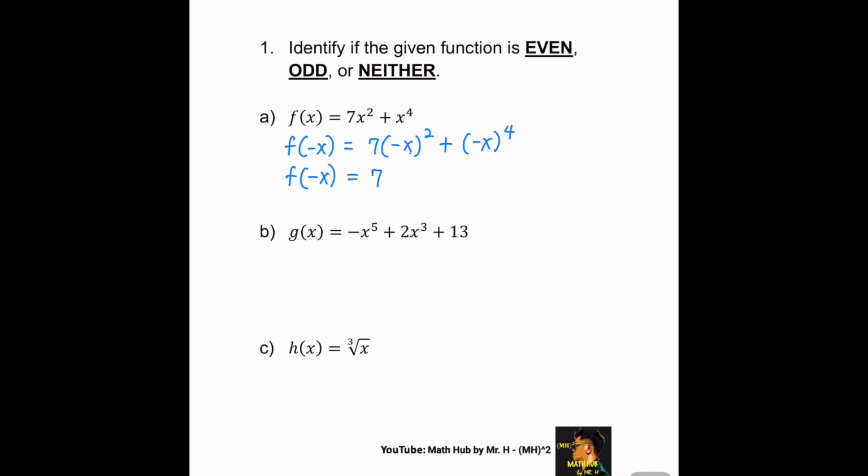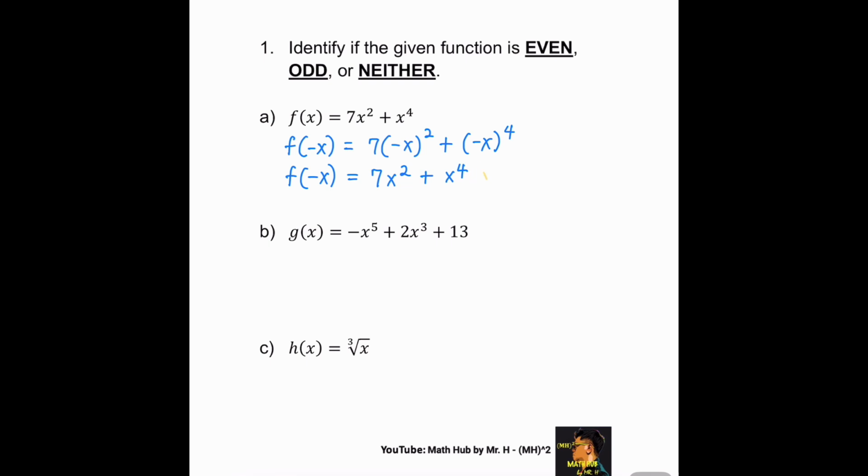So negative x to the power of 2 is x to the power of 2, plus negative x to the power of 4. So simplifying it, negative x times negative x times negative x times negative x is positive x to the power of 4. So after simplifying, then you need to compare.